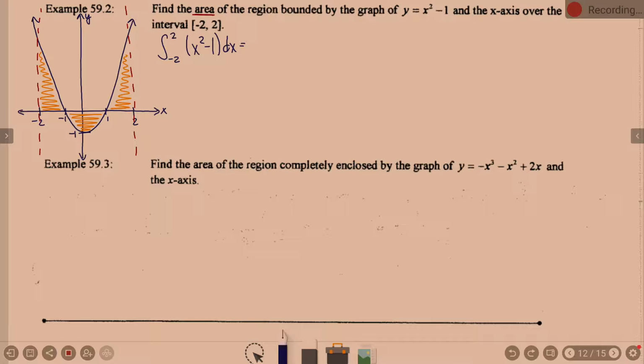We look at this. The first interval goes from -2 to -1. So I'm going to write this out, and then we can do some cleanup. -2 to -1 of x squared minus 1 dx. That is above the x-axis, so it's positive, correct?